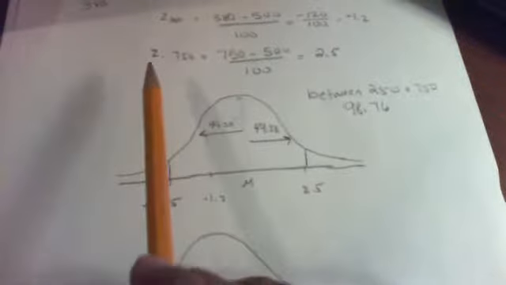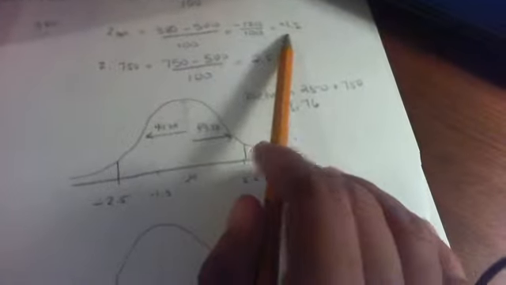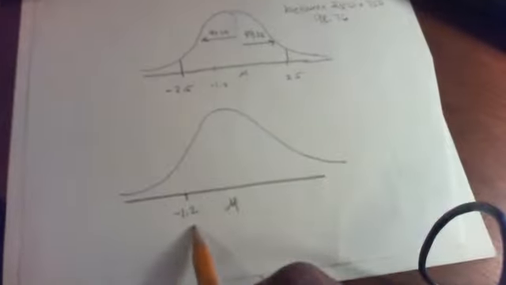Alright, and because I'm going with 380 here, I'm looking for 380. Once I standardize it, I get a negative 1.2. So if I go over here, I know I put it on the one above, I've got a negative 1.2. What I'm trying to find out is 380 or above.